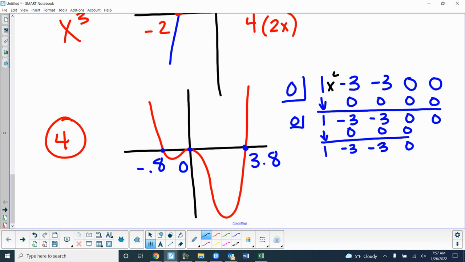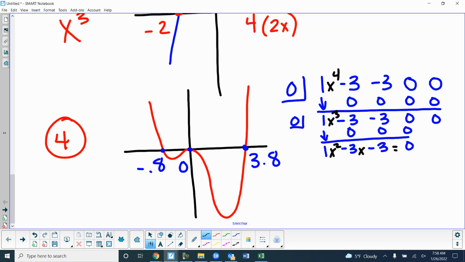And after I do synthetic division once, it's x cubed. After I do it a second time, it's x squared. So there's the equation. So my a is 1, my b is negative 3, and my c is negative 3. Okay? So we can do the quadratic formula to find this 3.8 and that negative 0.8 if we had to.